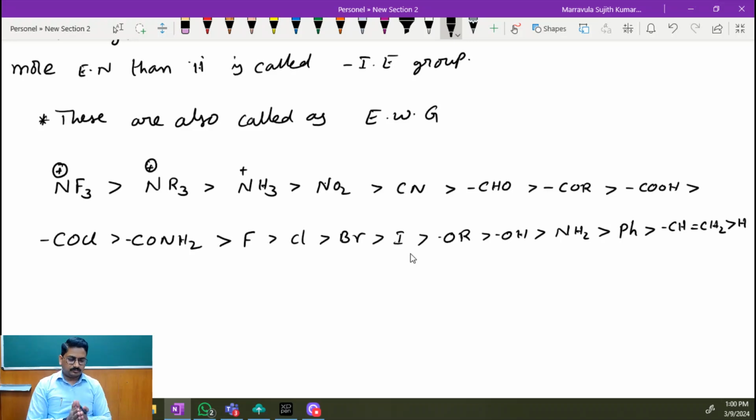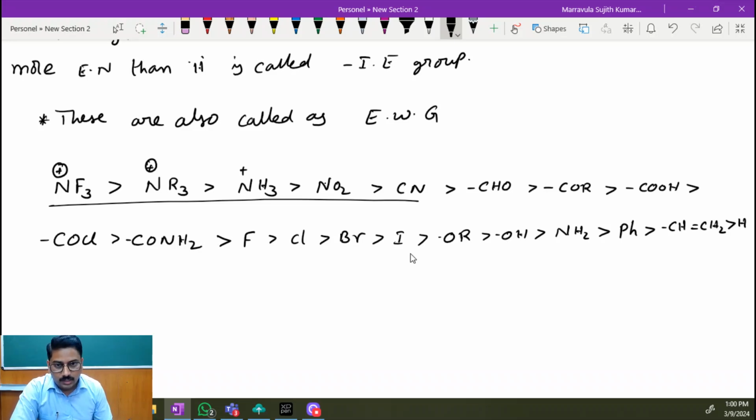You should remember this order, the order of the electron withdrawing groups which have more strength to attract and take away the electrons from the compounds. Here I think there are total 20 elements, and it is easy to remember. From NF3 to CN there are 5, all belonging to the nitrogen groups: NF3, NR3, NH3, NO2, CN.